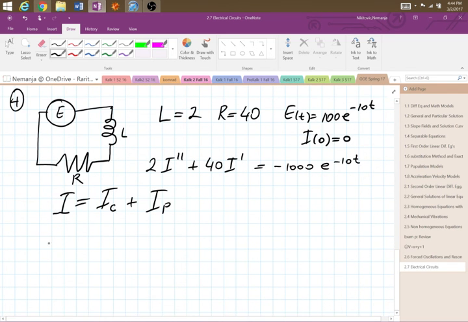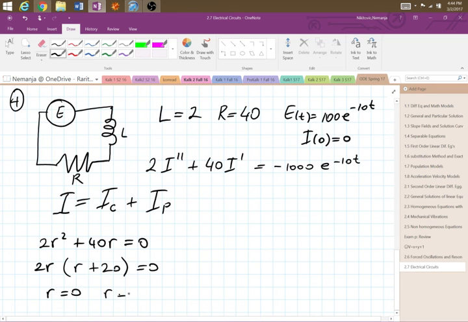We have 2r squared plus 40r equals 0. Factor out 2r. This r looks like an exponent. 2r, and we are left with r plus 20 equals 0. So r is equal to 0, or r is equal to negative 20.